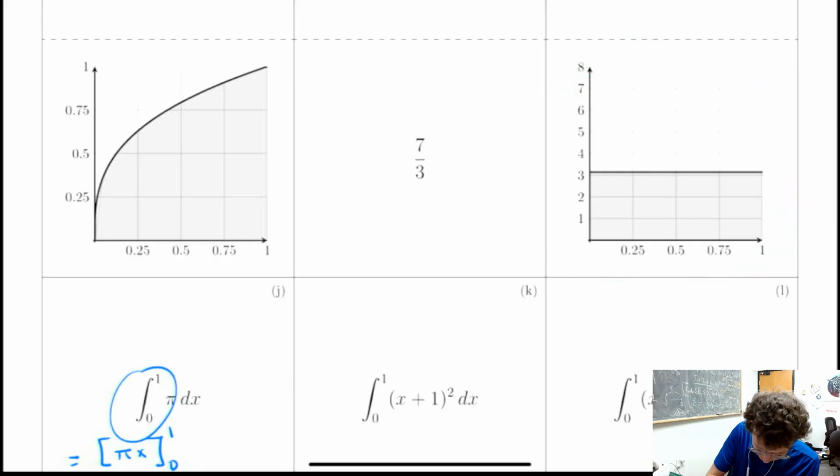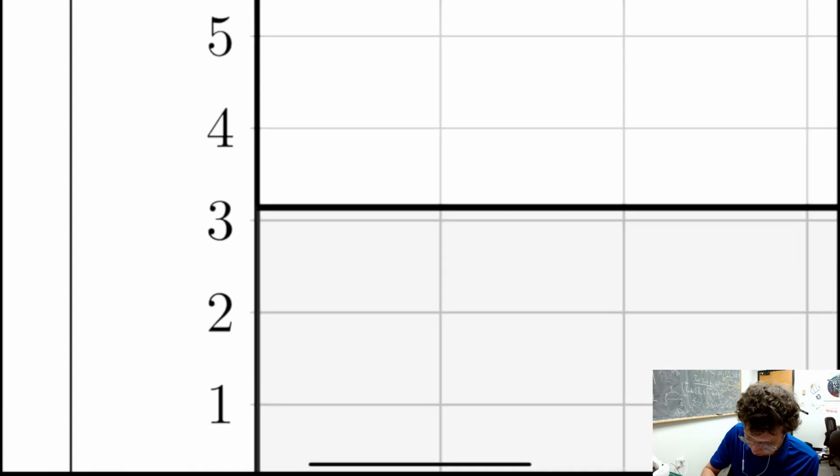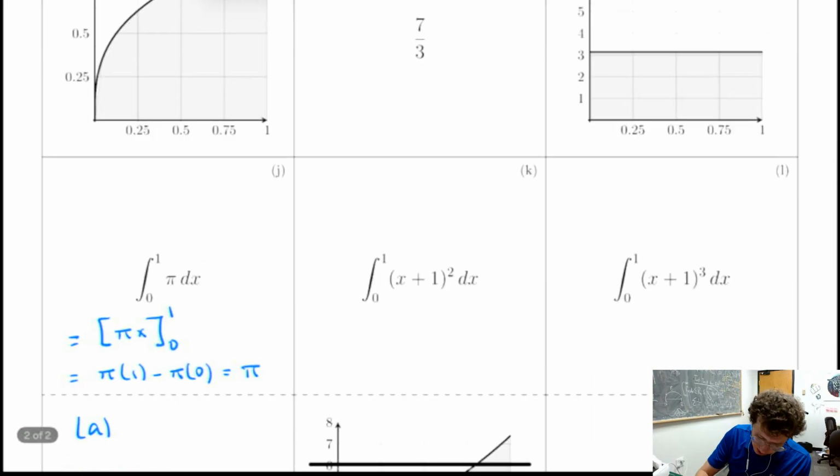We're integrating from 0 to 1. My x values go from 0 to 1, and the function I'm integrating is the constant function pi, and that's exactly what I see here. The constant function, which is at pi, which is about 3.14. And this is such a simple integral, you don't really even need the fundamental theorem of calculus.